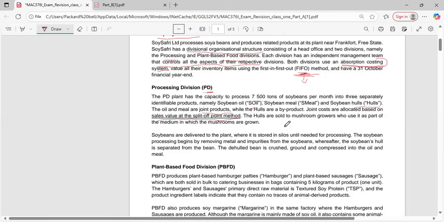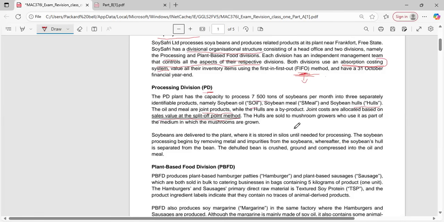When you are revising each and every question, go also to your notes and textbook and see what else is there on this topic, so that you don't just focus on the question that was asked. Because remember, the questions will be asked in a different way. So when you are revising, make sure you look at the topic. Here we're dealing with joint product costing.